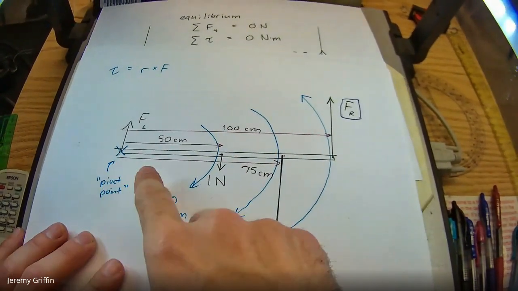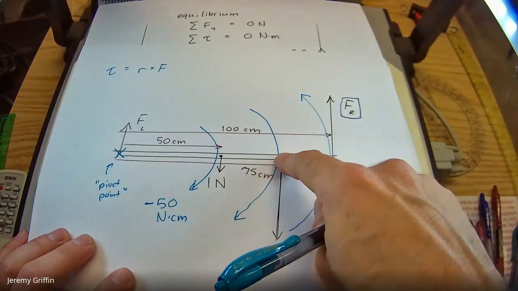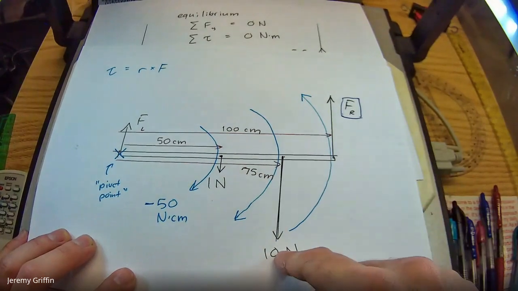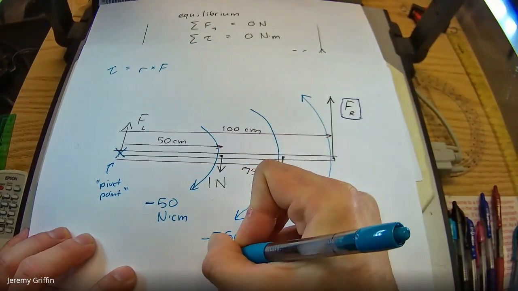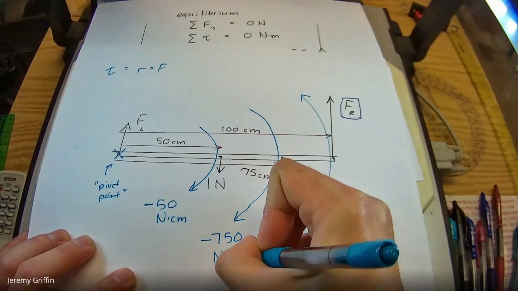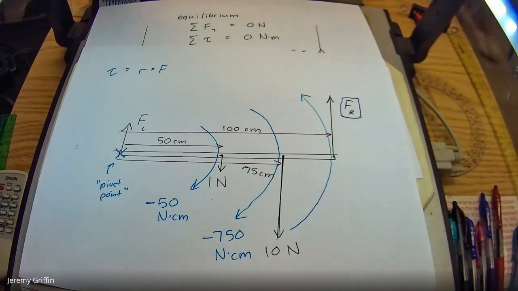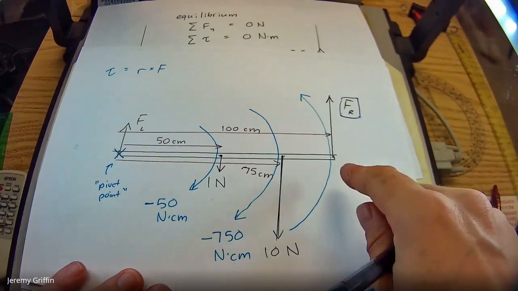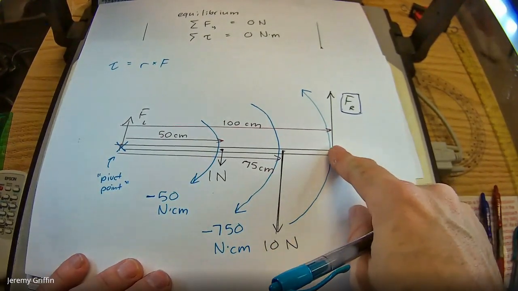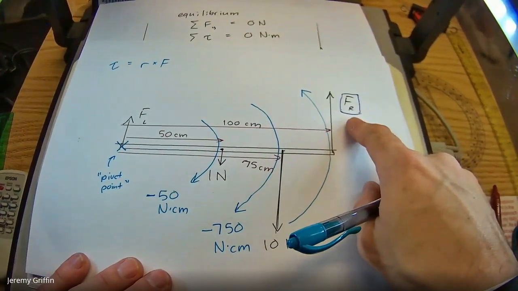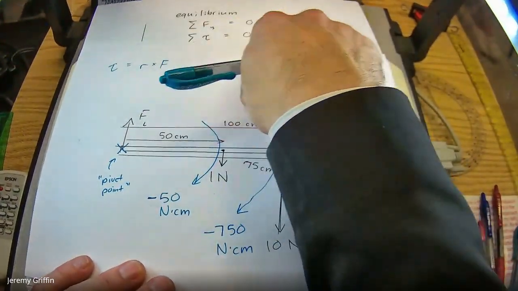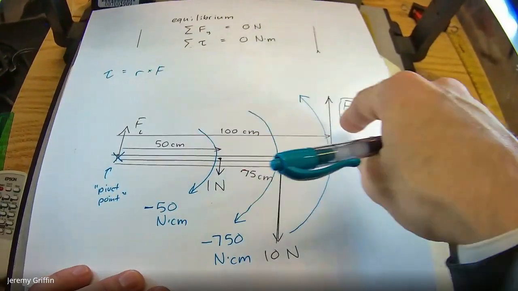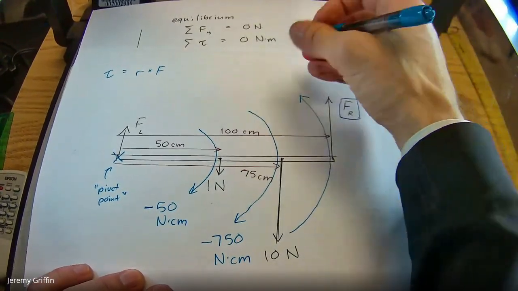Then at 75 centimeters, I've got 10 newtons. So isn't that negative 750 Newton centimeters? That's right, right? And then finally, at the far end, we don't know what force that is. But I bet you guys can look at these numbers in this condition and tell me exactly how many Newton centimeters of torque this has to be.